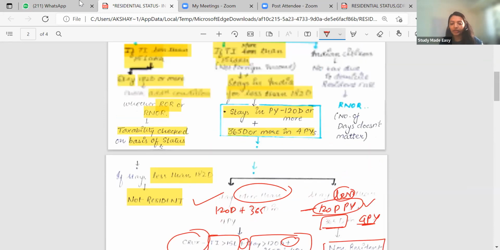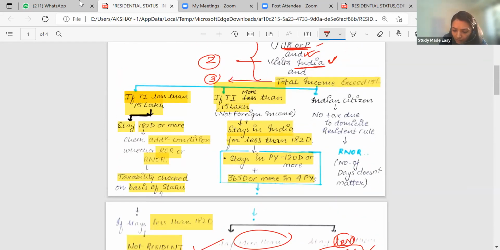Done? Now, when I talk about this person, simply an Indian citizen. He is simply an Indian citizen. He is outside India earning business, doing profession, whatever he is doing. He visits India, but is not paying taxes due to resident rule, not paying taxes due to domicile rule.